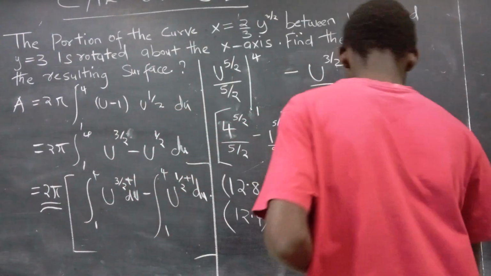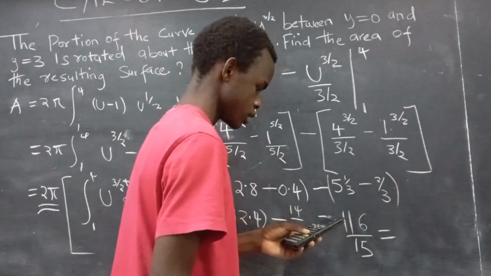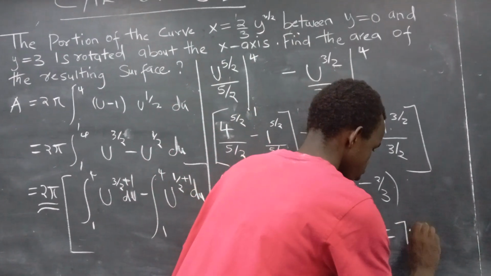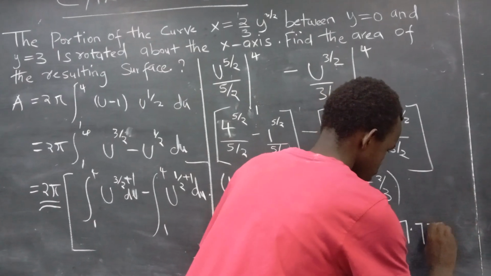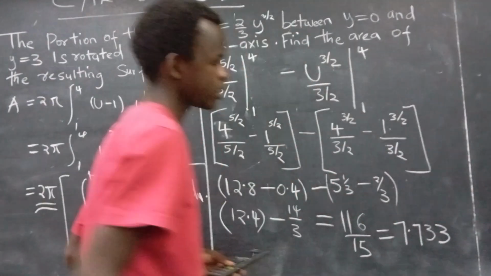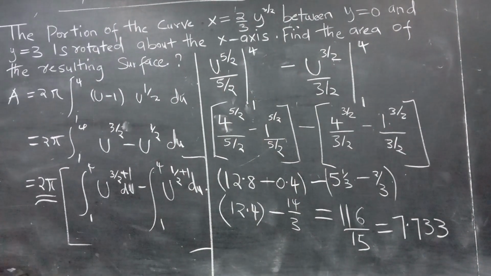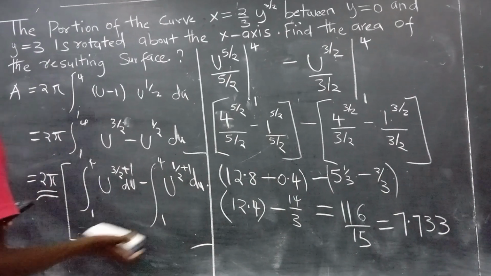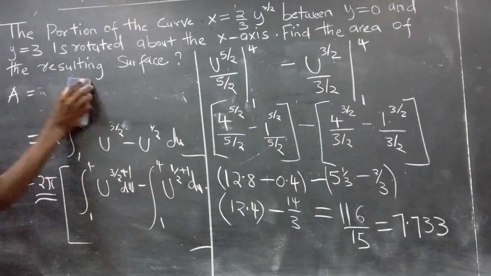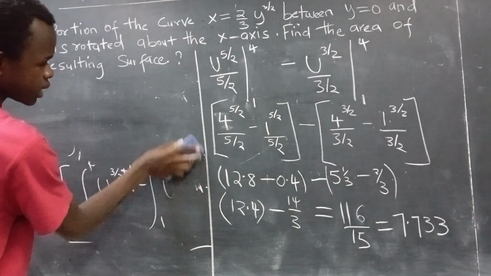So this is approximately the same as 7.733 to significant figures, yes. But don't forget, we have our 2 pi. So we'll be writing our 2 pi again.